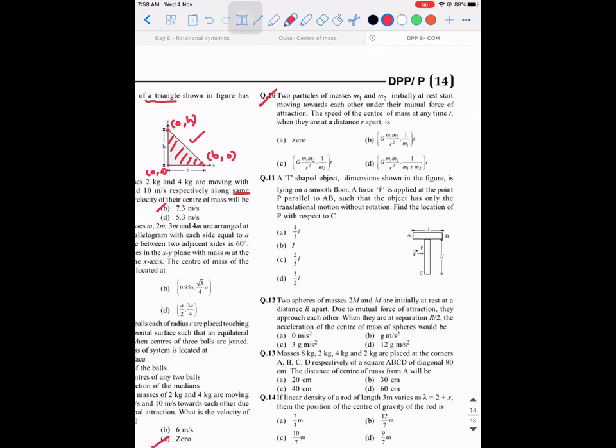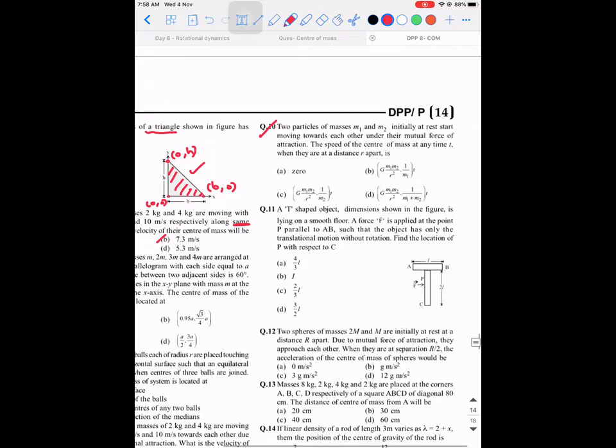You guys tell me, how do we start approaching? See, whether it is right or wrong, just speak up. So first we need to find the center of mass.